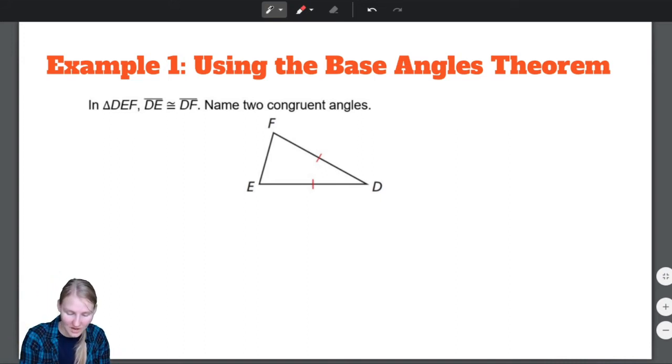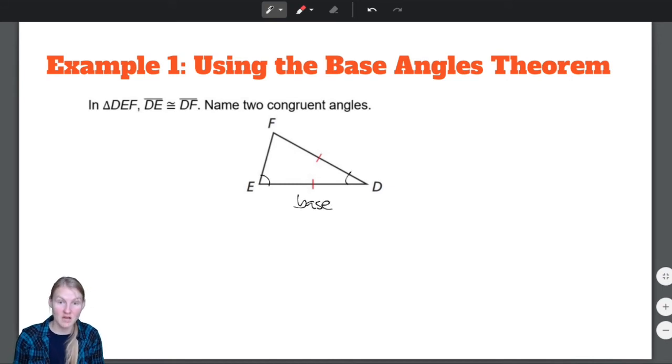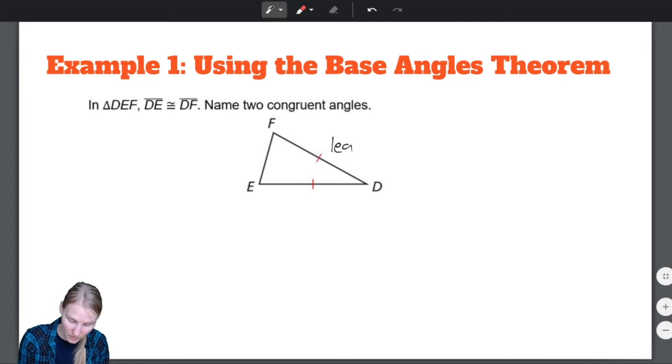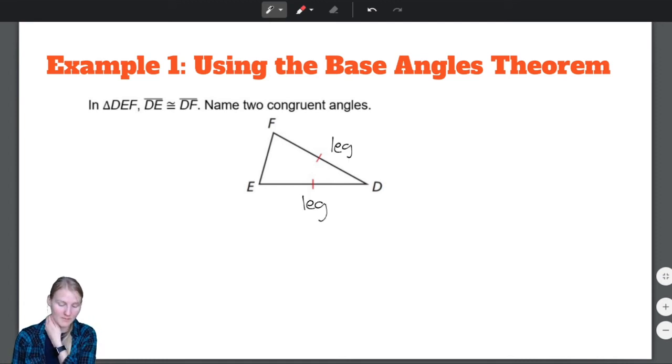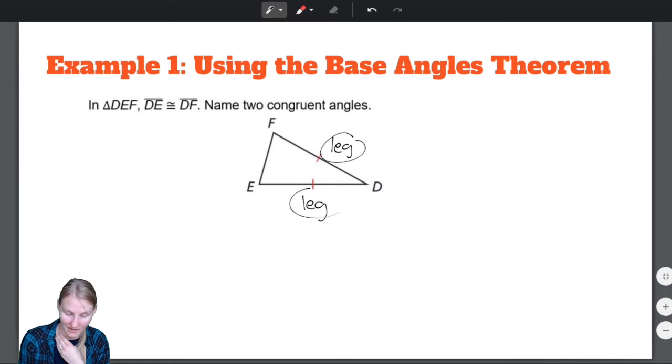If a triangle is isosceles, then the base angles are congruent. So, these are my base angles, right? No. I know that it's easy to think, oh, the bottom is the base, so the base angles are the angles on the bottom. No. Remember, the sides that are congruent are my legs.